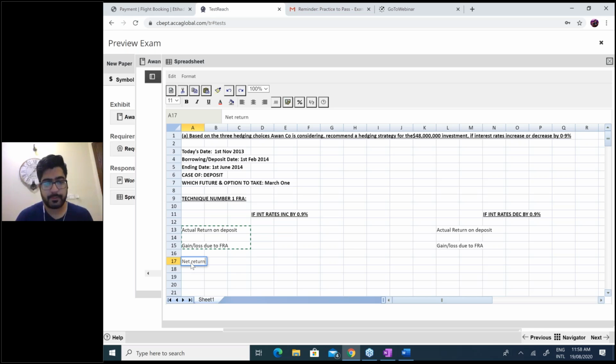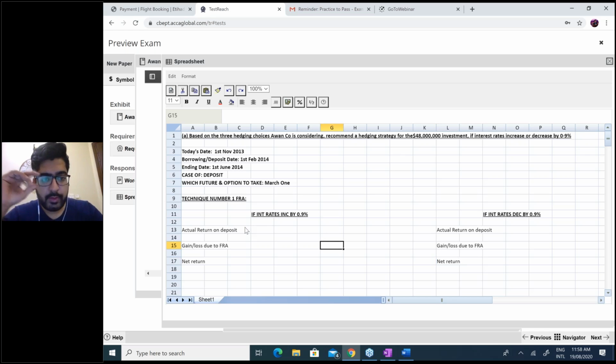Net cost or return, it's a deposit case, net return. Okay, so let's start. Now remember one thing.